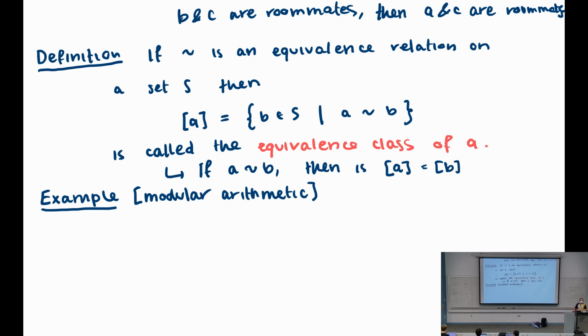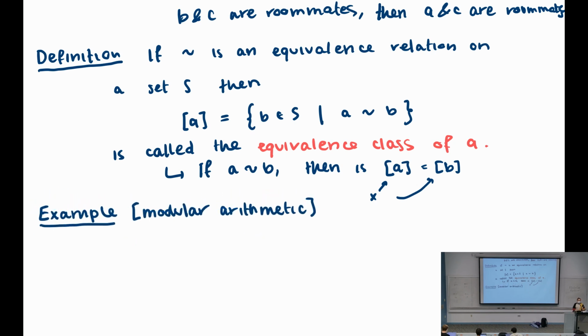And the answer is yes by the transitive property, because whenever you have something in here, it will be related to A, and A is related to B, so therefore that element X would also be related to B, and so it would also be inside of that class, and vice versa. Okay, good. Are there other questions?